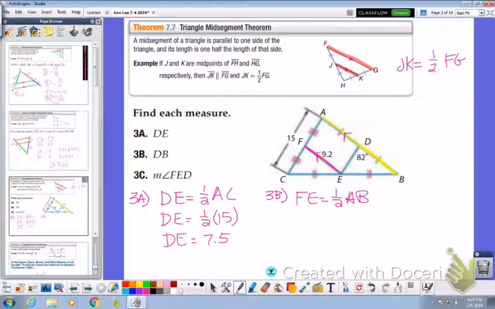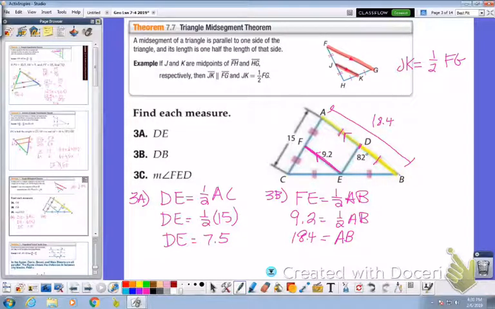So if I apply what I did the other time, FE is 9.2, half of AB is equal to 9.2, so therefore AB would have to be 18.4. Now, if this whole length is 18.4, notice that these segments AD and DB are congruent, then I only need half of it.